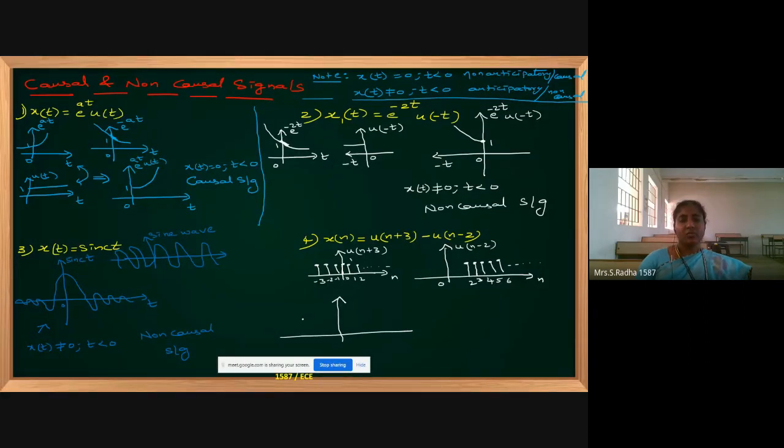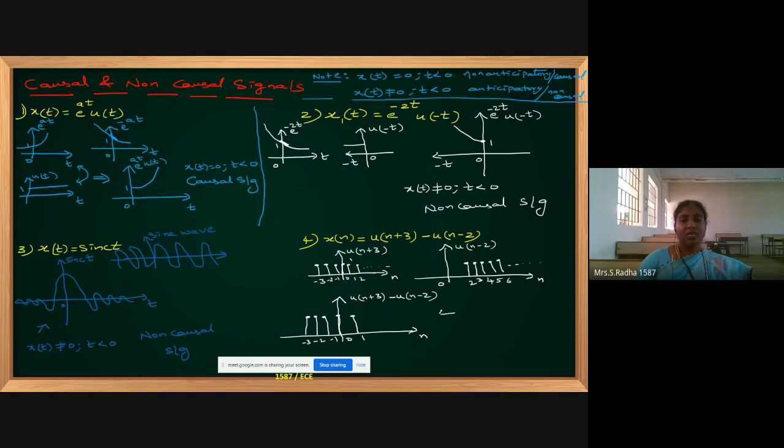But here what you will have is minus 3, minus 2, minus 1, 0 and 1. Pillars will be present only at these points. All other pillars are getting subtracted. This is the final signal u of n plus 3 minus u of n minus 2.